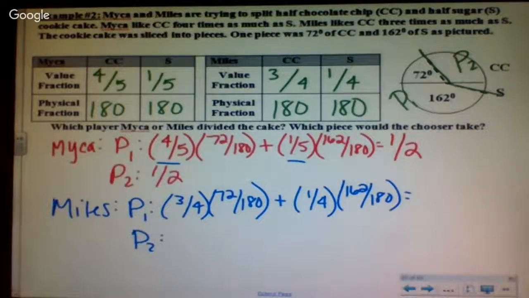Okay? 21/40. So if piece 1 is 21/40, piece 2 should be 19/40.